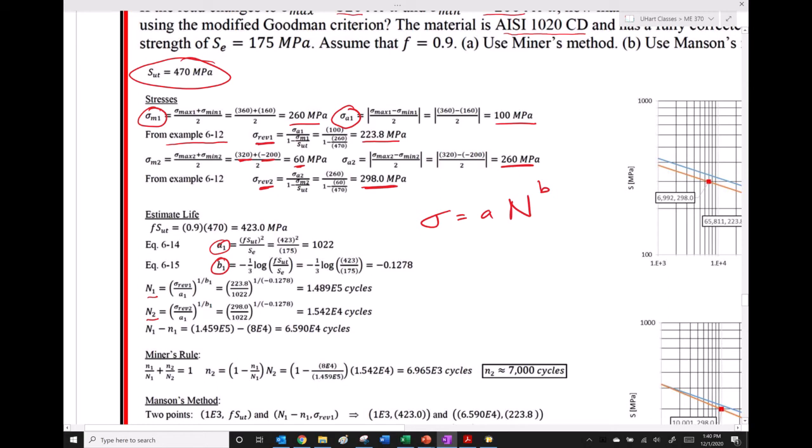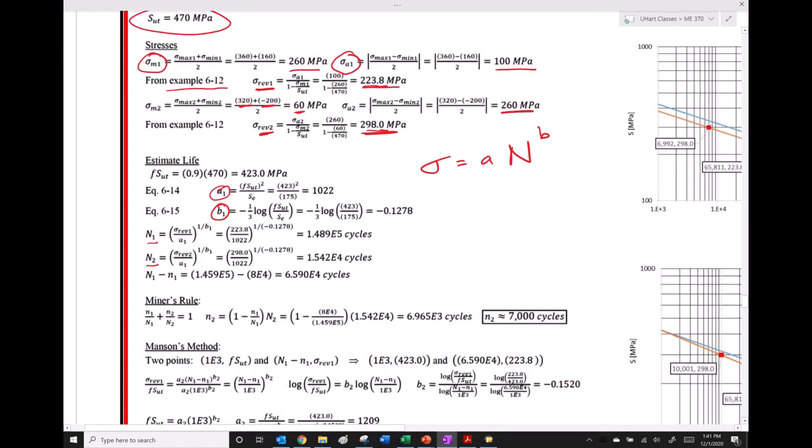And by the way, in both of these cases the completely reversed stress is larger than the endurance strength. So in either order, they would eventually fail. It's not going to be infinite life because it's greater than the endurance strength.